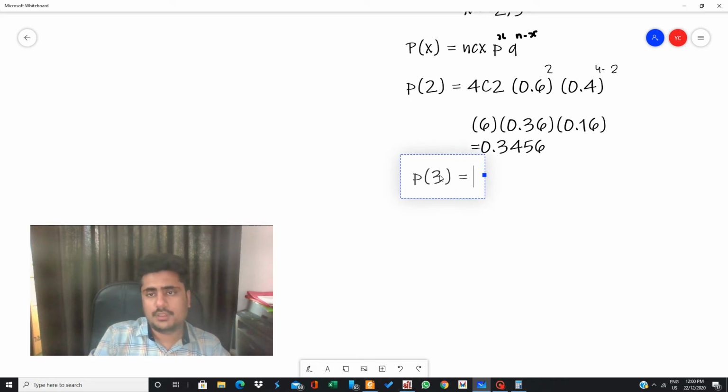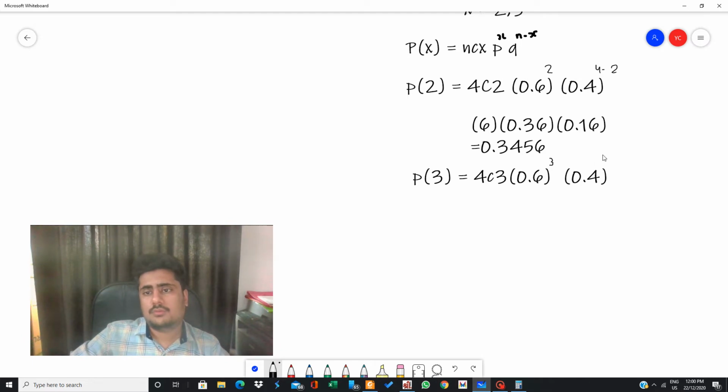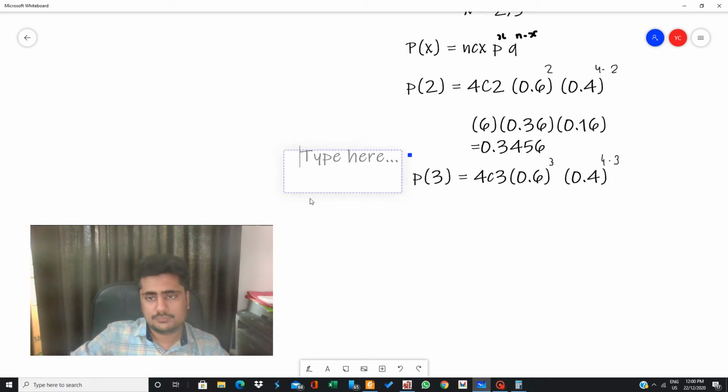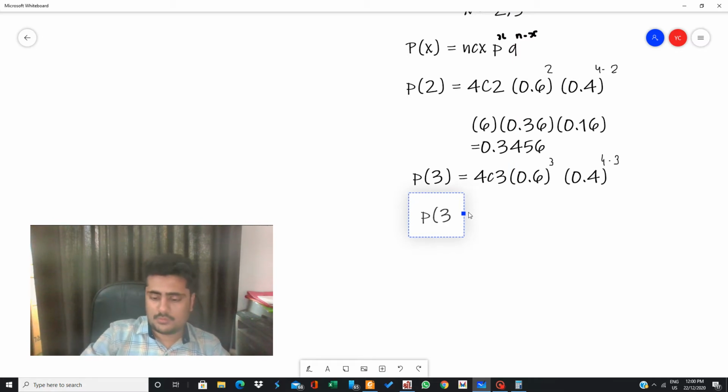Now P of 3 is equal to 4C3, 0.6 raised to 3, 0.4 raised to 4 minus 3. What is 4C3? It's 4. You can calculate it: 4 into 3 into 2 upon 3 into 2.